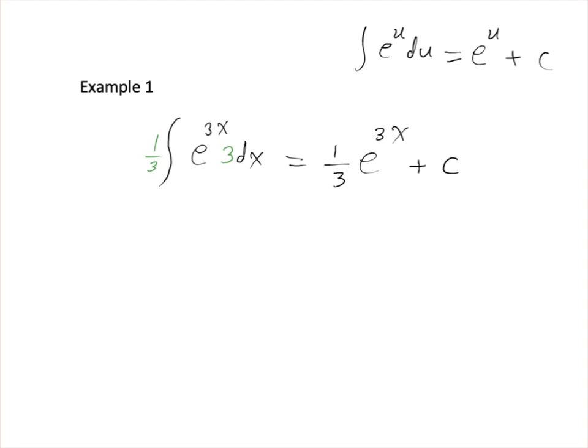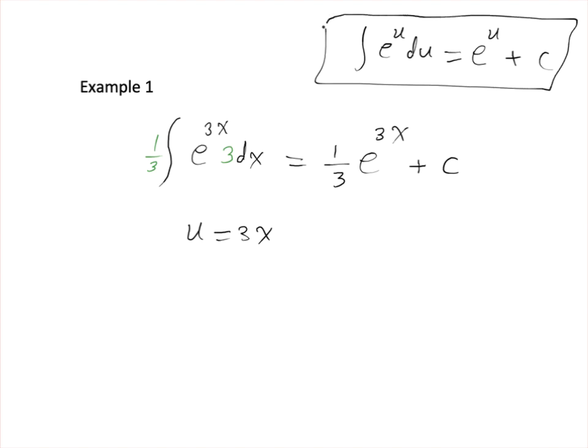But here, if we let u be 3x, that gives us the e to the u in that formula. And then the question is, what is du? So du is the derivative of 3x times dx, which is 3 times dx.